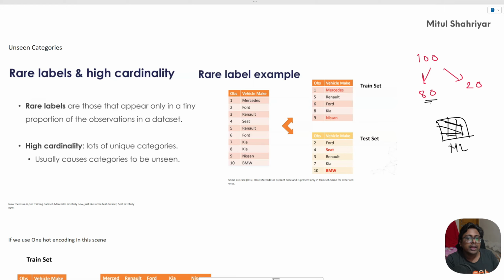You will provide these 80 data to the model and you will get something. Keep in mind that in the basic machine learning we are talking about, we have X and Y. In the Y axis we have the Y, and in the X axis we have the X, right? No problem with that. Let's do some prediction.